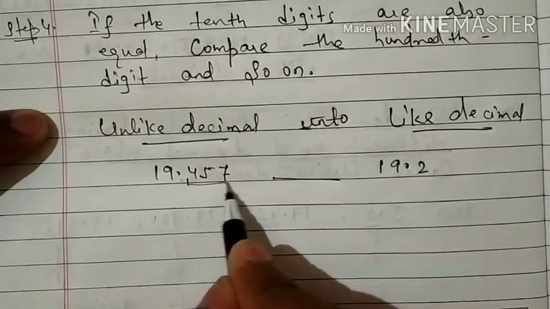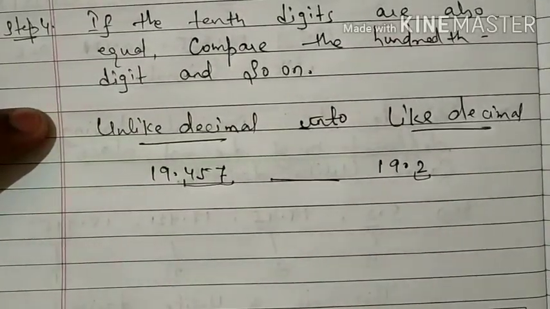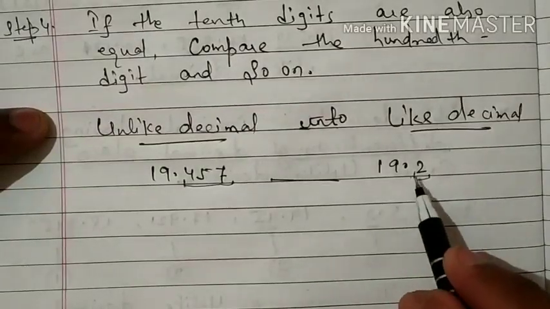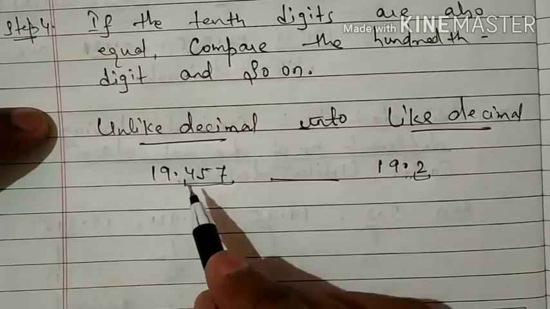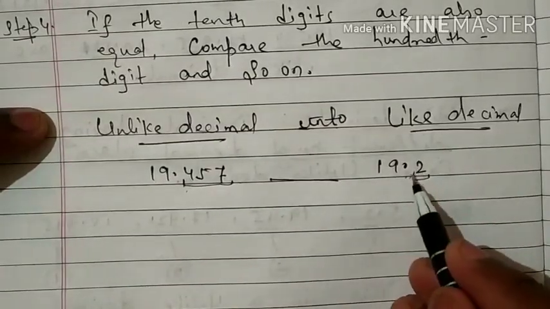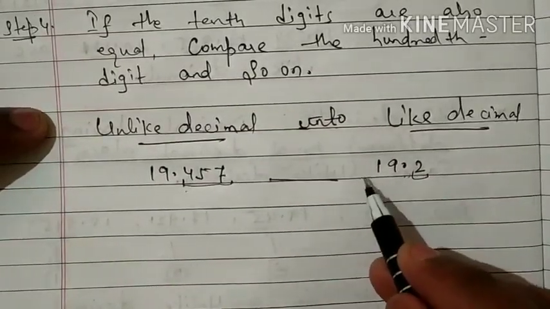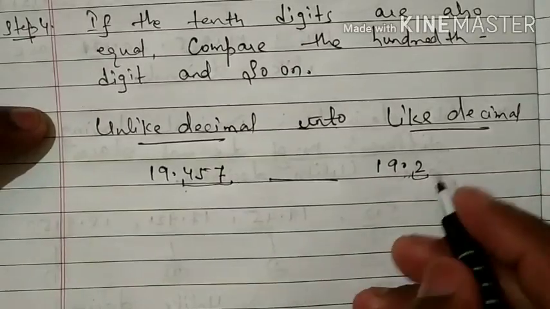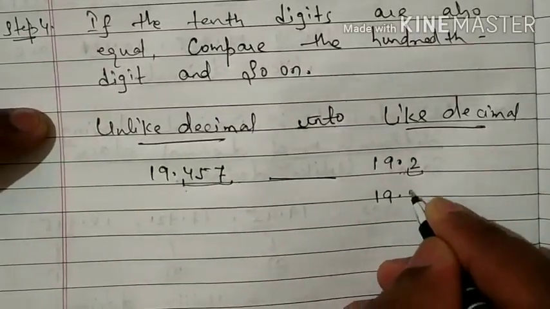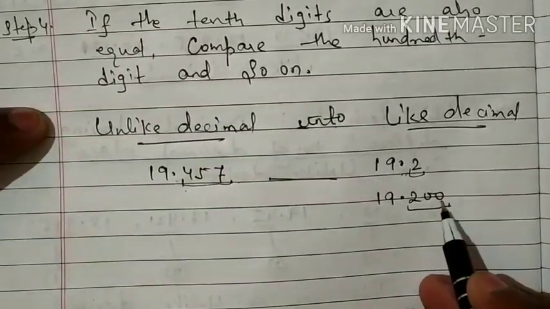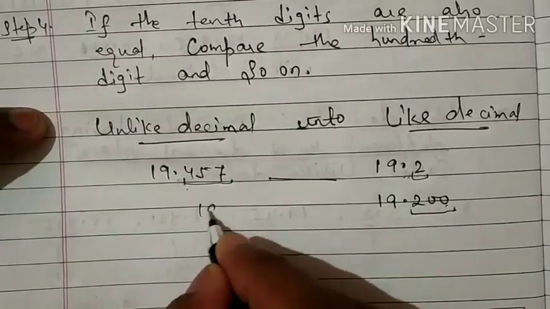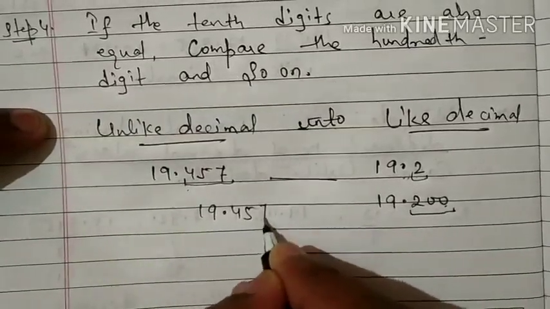This has 3 places of decimal and this has 1 place of decimal. We will make this 1 place into 3 places of decimal by putting 0, that is 19.200. Putting 0 on the right side of the decimal does not change the decimal. So now the decimals are 19.457 and 19.200.